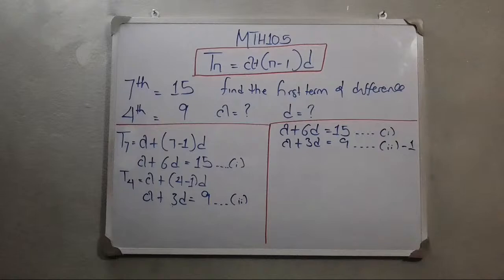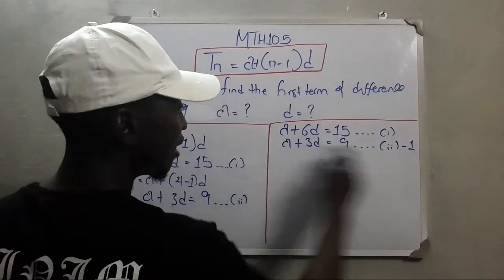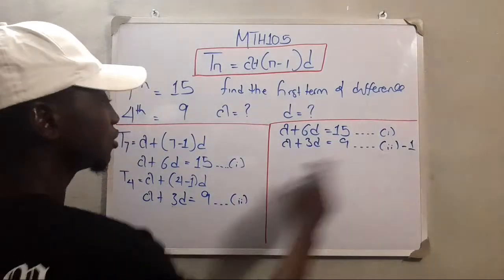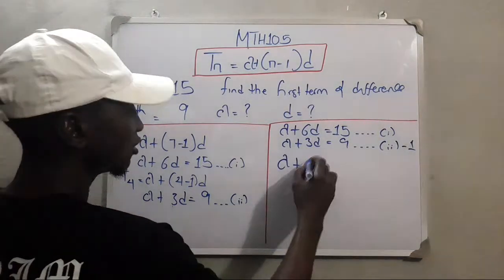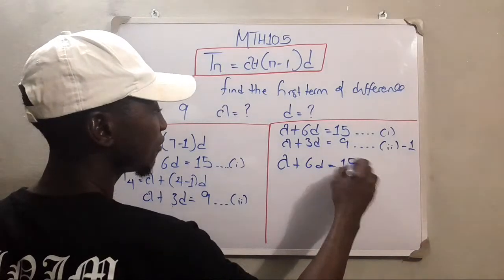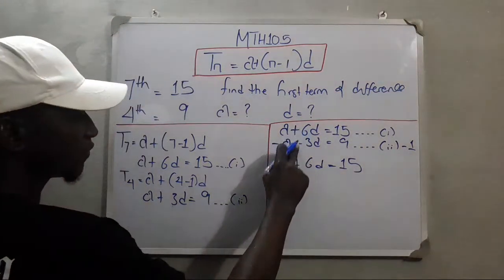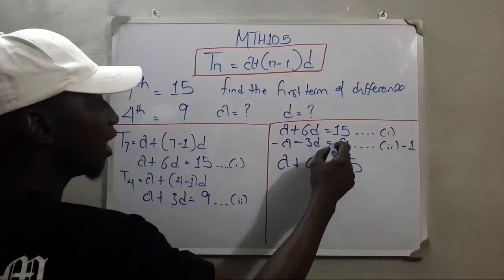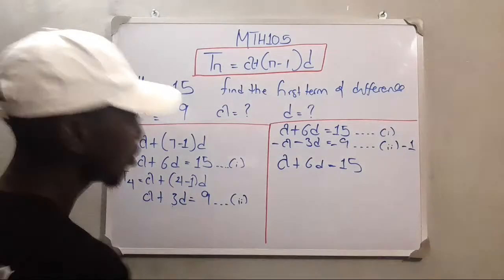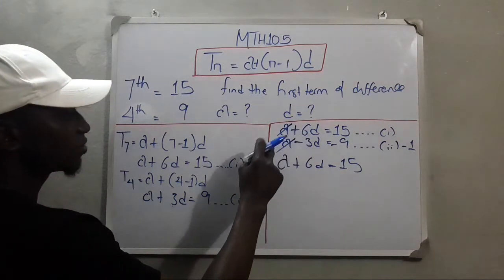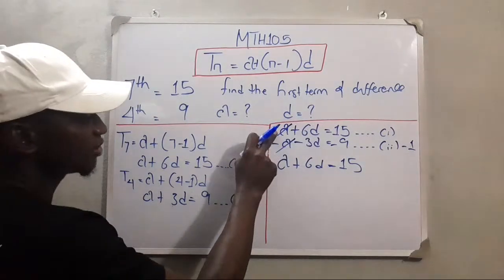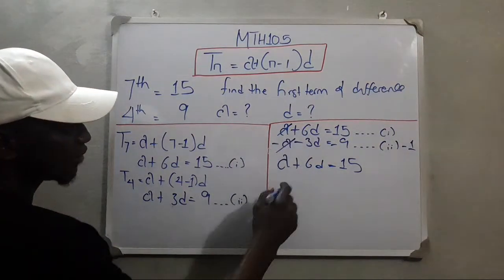Let's proceed. From what we have here, we have minus 1. If we add minus 1 to this, then this becomes A plus 6D equals 15. So if this becomes negative, and this becomes negative, and this becomes negative, this cancels this. Negative A and positive A cancel each other, so we have nothing left here.